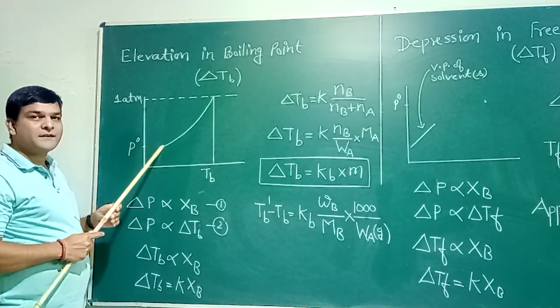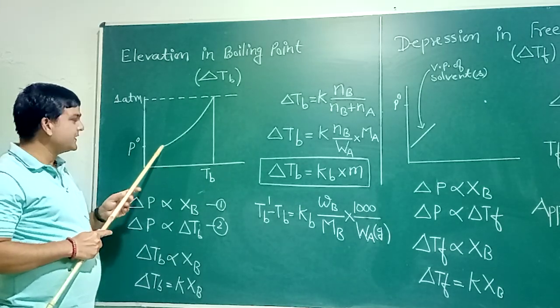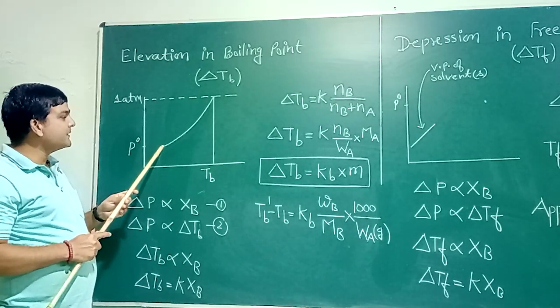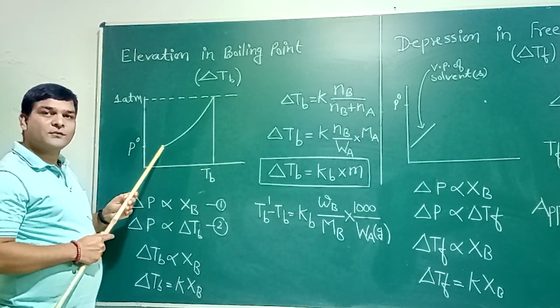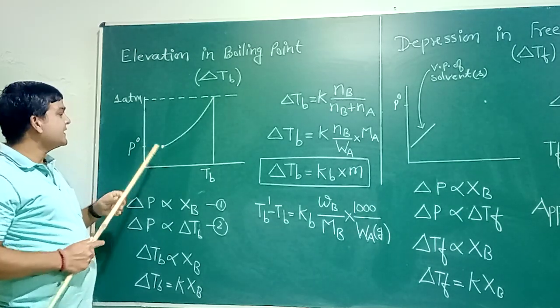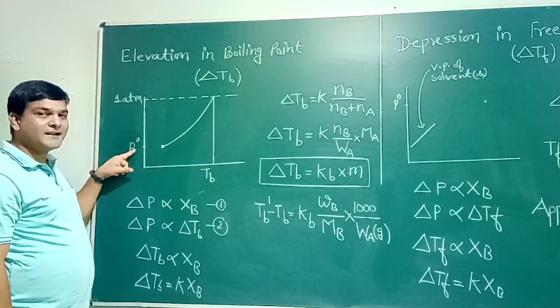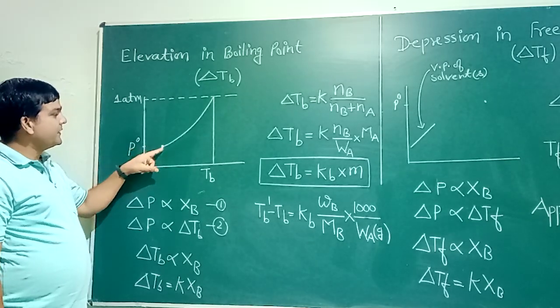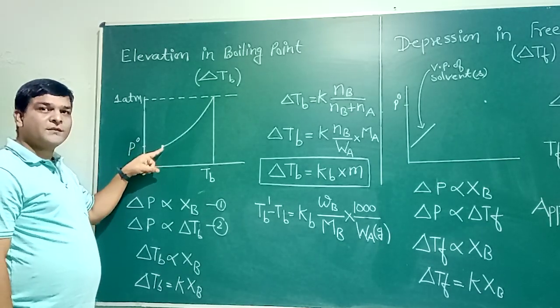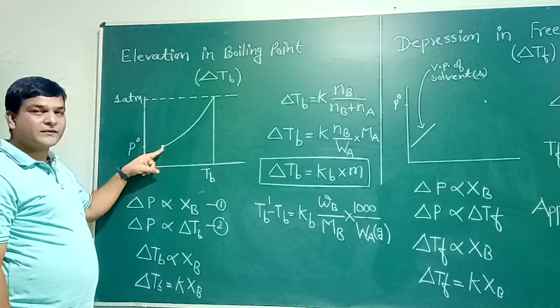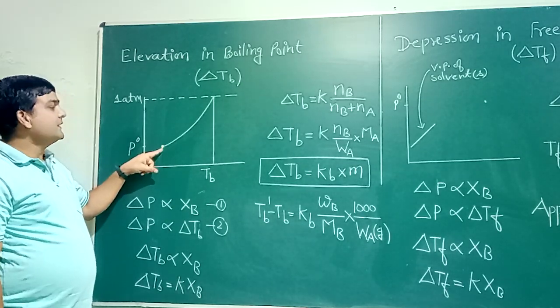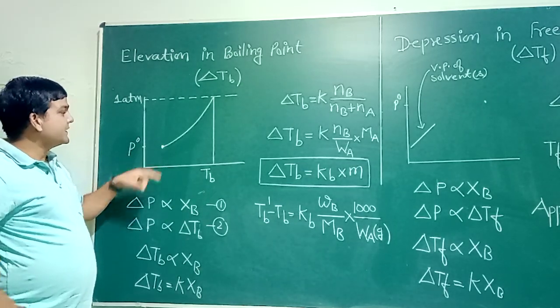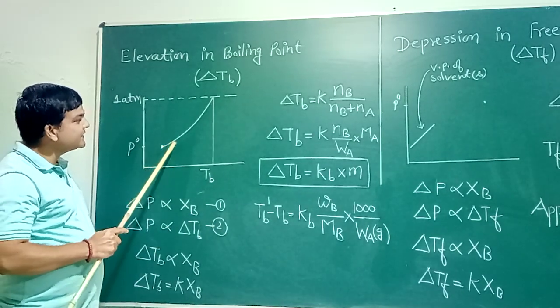Suppose this is the vapor pressure of a liquid, maybe water, at room temperature, and because it is for water, it means it is for solvent. I denoted vapor pressure as P naught. So P naught is the vapor pressure of water or pure solvent at room temperature. Once we increase temperature, the vapor pressure continuously increases.